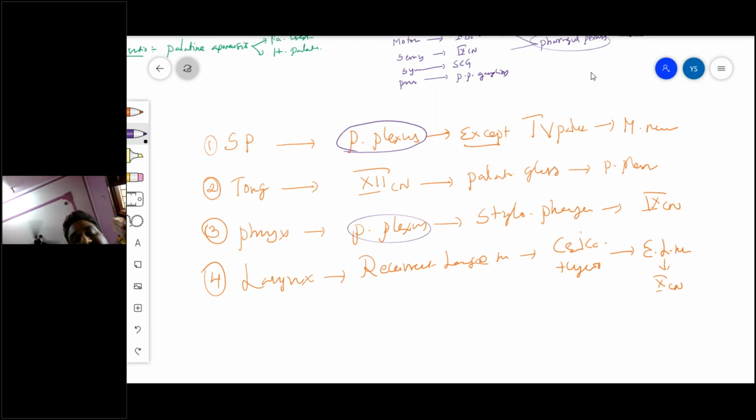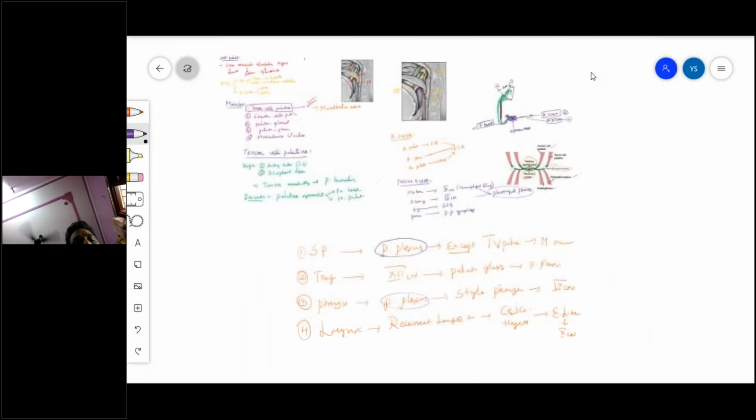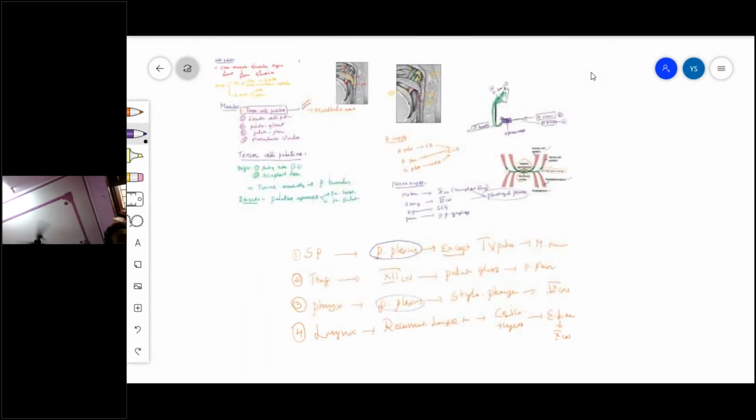All muscles of the pharynx are supplied by the pharyngeal plexus except stylopharyngeus, supplied by the 9th cranial nerve because it developed from the 3rd pharyngeal arch. Last one, all muscles of the larynx are supplied by the recurrent laryngeal nerve except cricothyroid, supplied by the external laryngeal nerve, branch of the 10th cranial nerve. Is it clear? So this is about the soft palate.